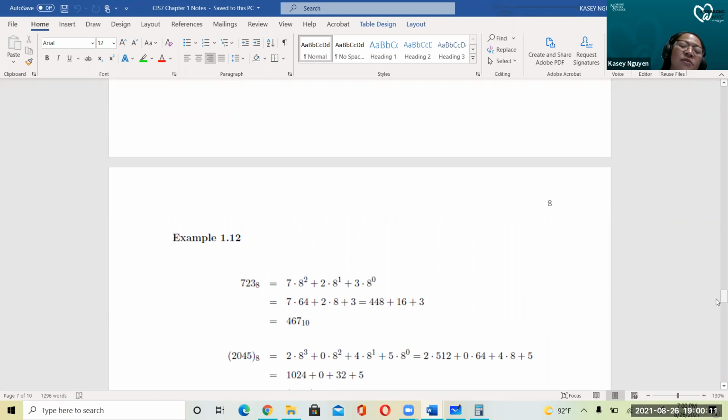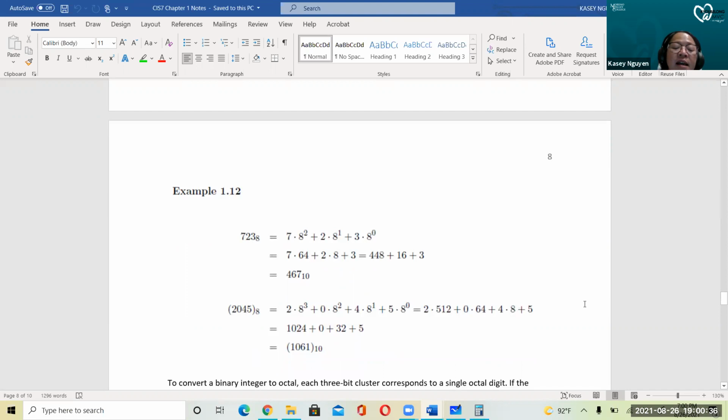So you can use the multiplication method like what we learned in hexadecimal to decimal conversion, but instead of multiplying by 16, you will multiply by 8 to the power of n as you move left. Okay, so this example shows you how that's done.